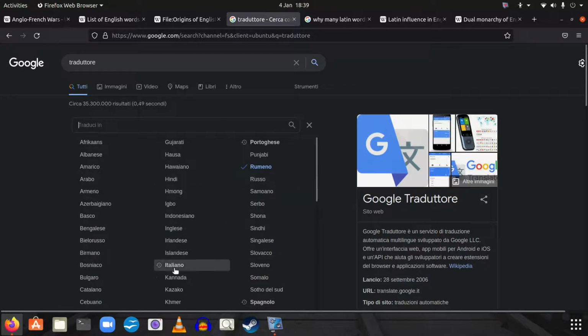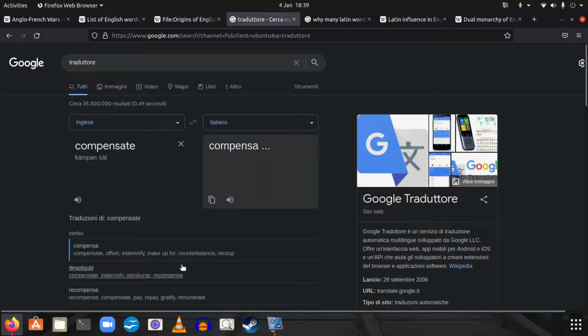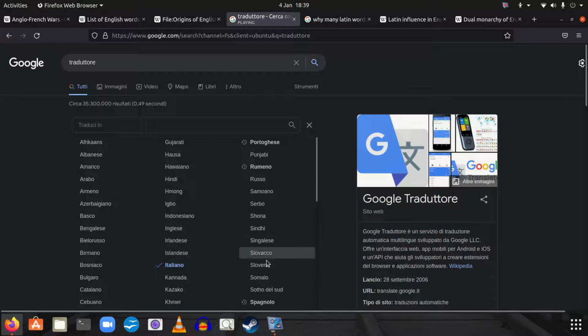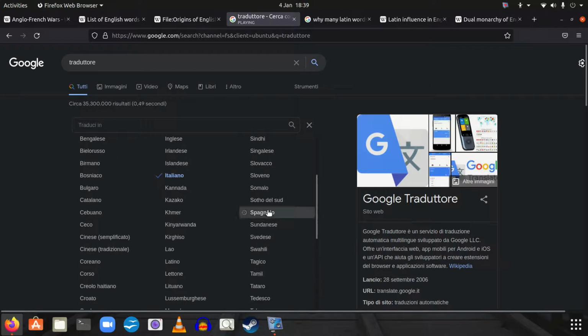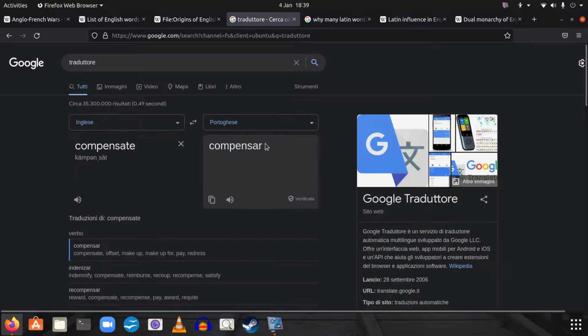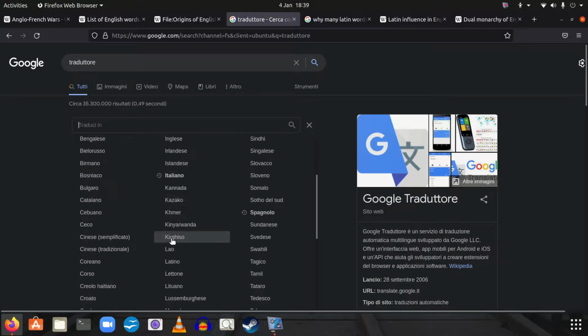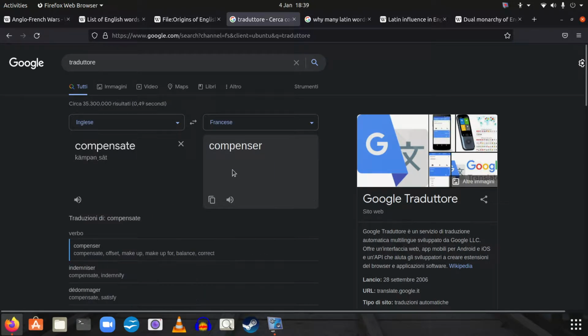In Italian, compensare. In Spanish, compensar. Portuguese, compensar. And the French, compenser.